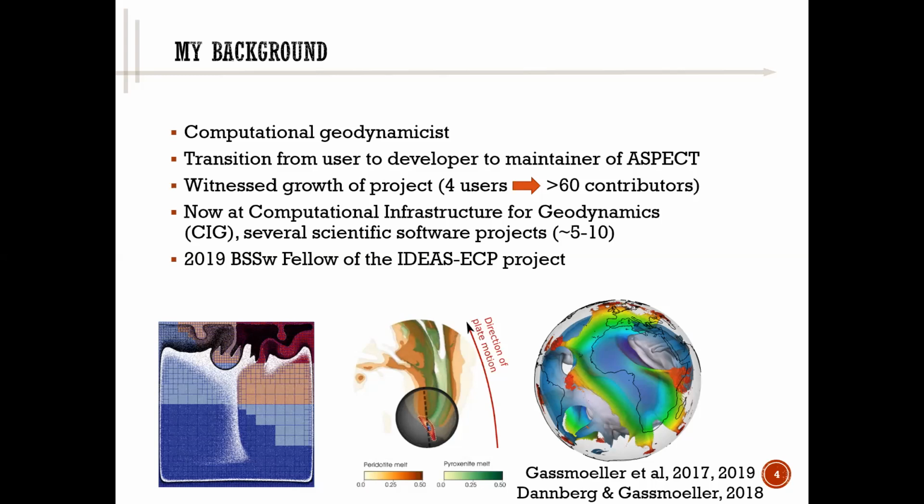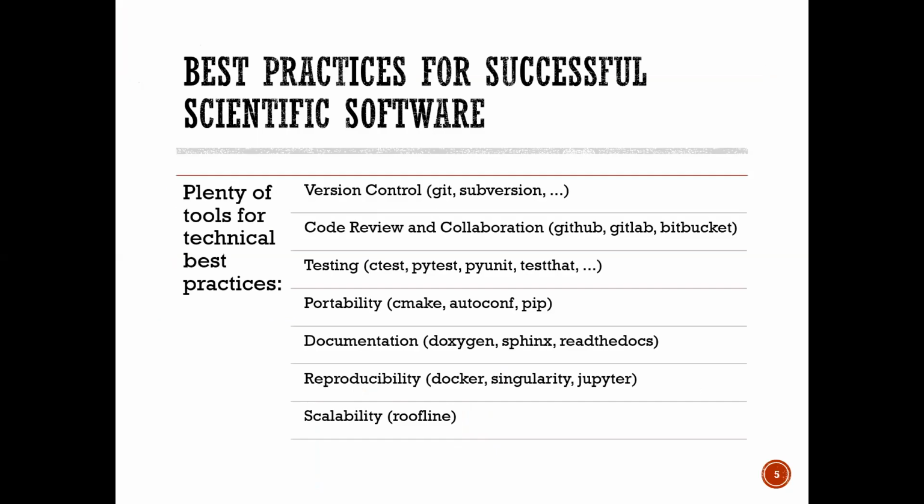So why is talking about the communities important? Over the past 10 or 20 years, we have developed a large set of tools around the development of successful scientific software projects. We have tools for version control, like Git or Subversion. We have tools for code review and collaboration, like GitHub, GitLab, Bitbucket. We have lots of tools for setting up test suites for the software that we use.